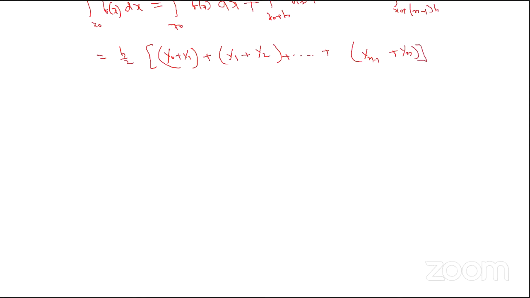That equals h by 2 times [(y0 plus yn) plus 2 into (y1 plus y2 plus y3 plus so on plus yn minus 1)].